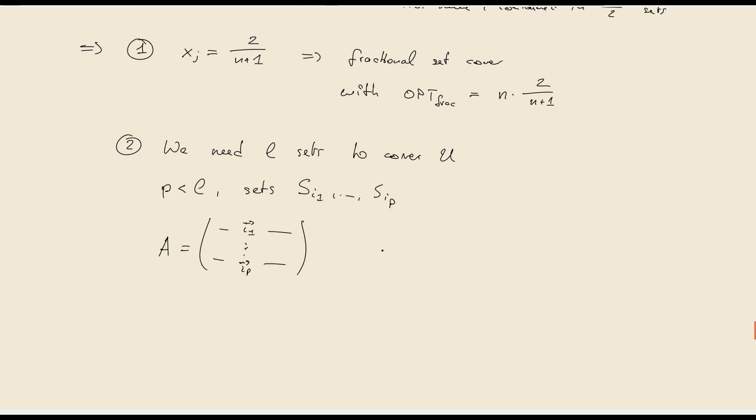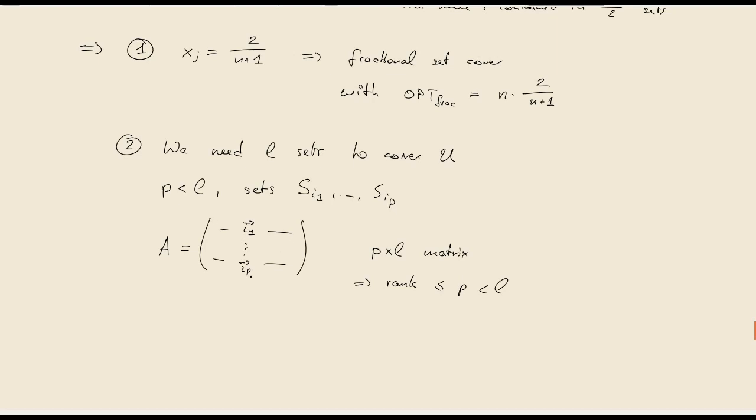So this is a P times L matrix. Well, and since P is less than L, this matrix cannot have rank L because it doesn't have so many rows. The rank of this matrix can be at most P, so less than L.